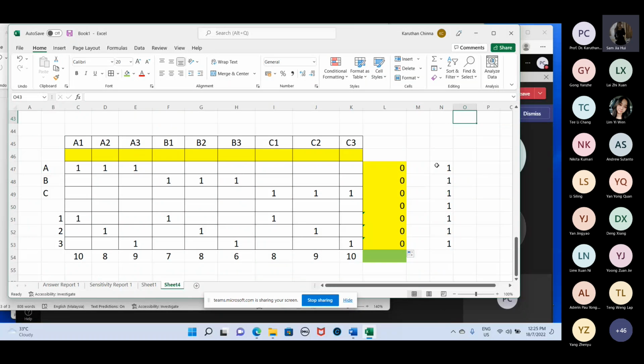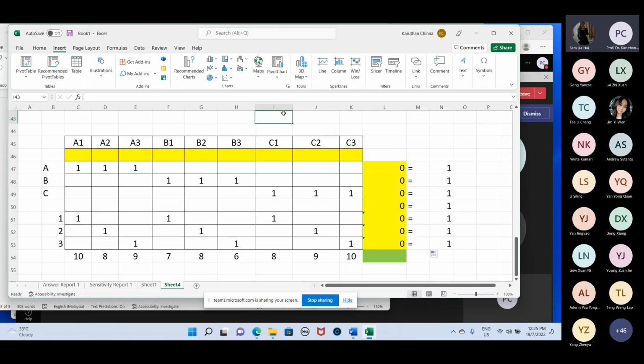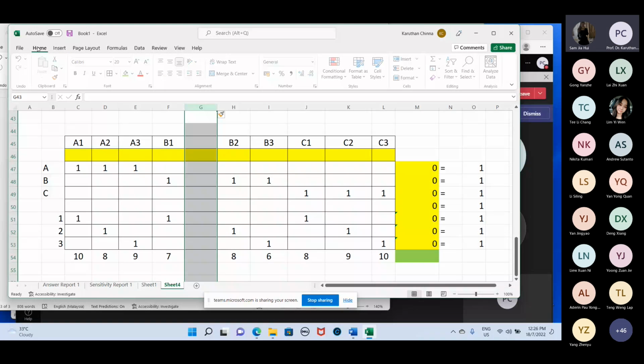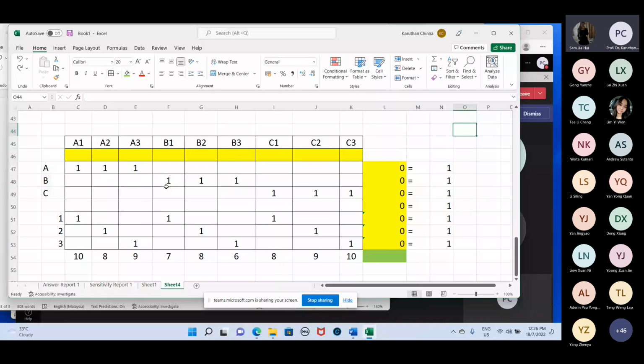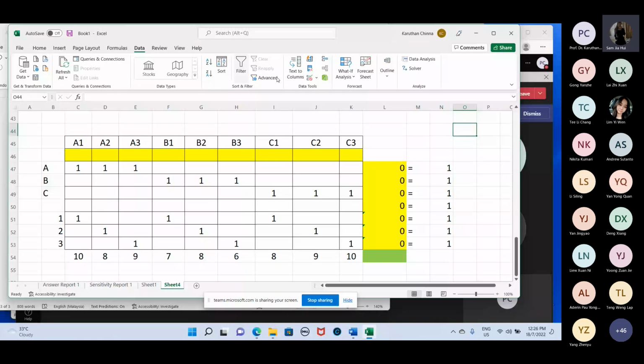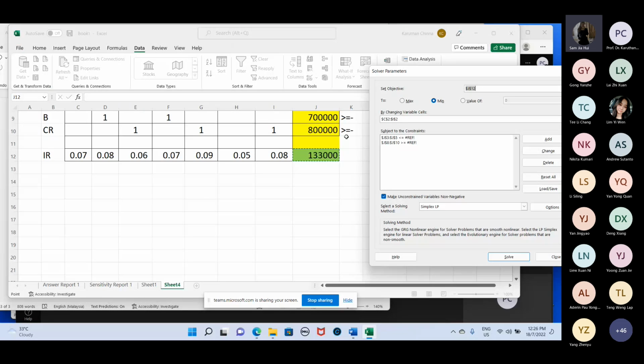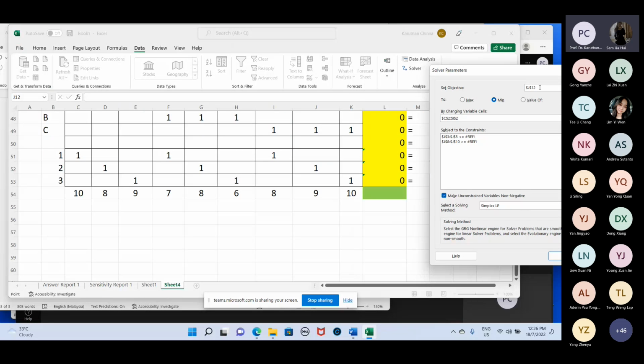All they be equal. Right? Just run. Now to add some, what do you do? Just highlight here, insert, right, highlight inside. Okay? You want to delete, just delete. All right. So data, solver. Objective function is this.